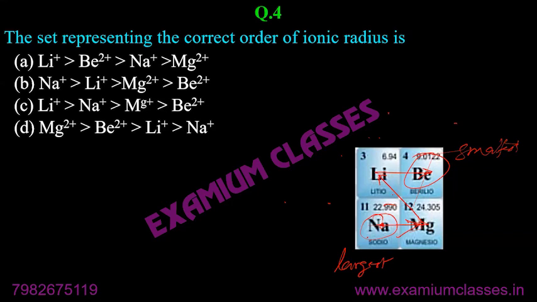Okay, so in reality, you need to remember the magnesium after losing two electrons, it is not just Mg plus, it is Mg2 plus. Now see, when it loses two electrons, why does its radius become less than lithium? Because lithium is just 2,1, but magnesium has 12 electrons, so 12 protons.